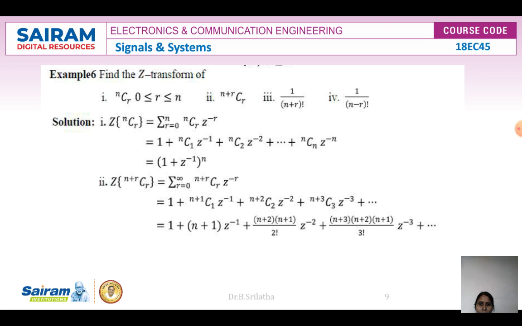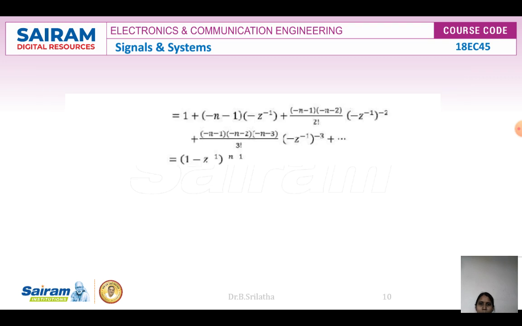Similarly for the second one, instead of n we have n plus 1. So we'll get 1 plus (n plus 1) z power minus 1 plus (n plus 1)(n) by 2 factorial, plus (n plus 1)(n)(n minus 1) by 3 factorial, and so on. Finally we'll get it as 1 minus z power minus 1 whole square. If you want, we can simplify that one also.